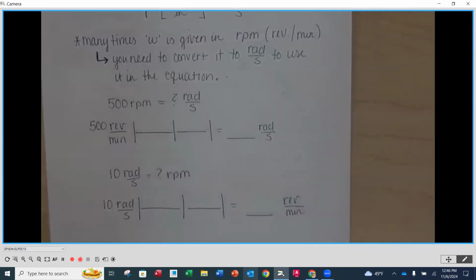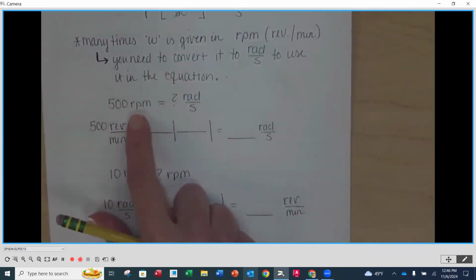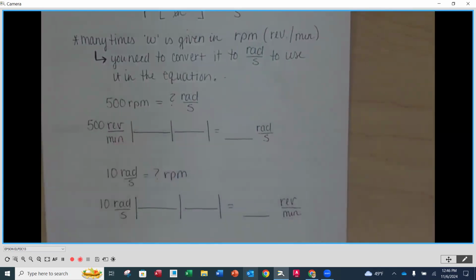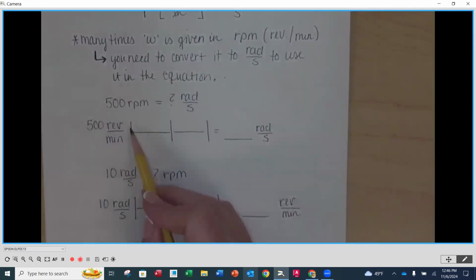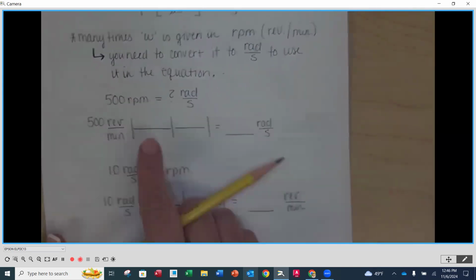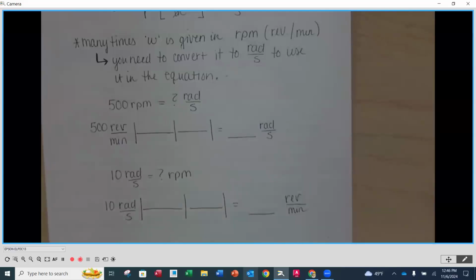As you notice here, I have my quantity of 500 revolutions per minute. First of all, I get it in RPMs, but when I'm going to convert, I need to expand this so my revolutions are in the numerator and my per minute is down in the denominator, okay? Then you're going to notice that I use vertical lines here and horizontal lines. Those are just going to identify my unit conversions, okay?